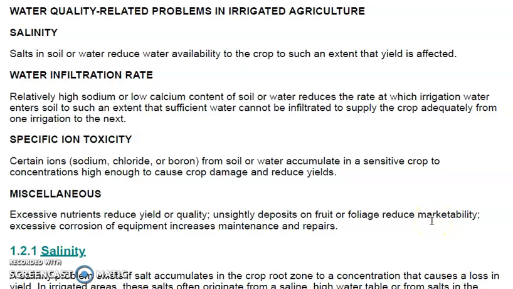Hi guys, we are still in water quality related problems in irrigated agriculture. As I told you, we have 4 points related to water quality. The first is salinity, then water infiltration rate, specific ion toxicity, and miscellaneous problems.